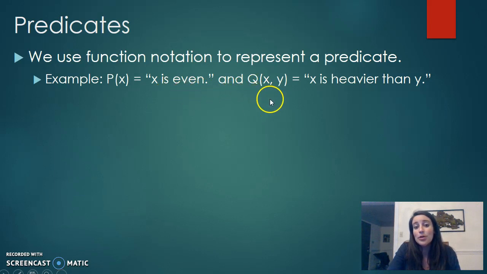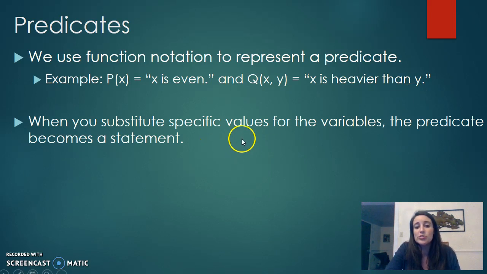And we can define a predicate with two variables. The predicate Q of x, y is defined by the statement x is heavier than y. So whatever we put in the place of x would go first in this sentence, and whatever we put in the place of y would go second in this sentence.